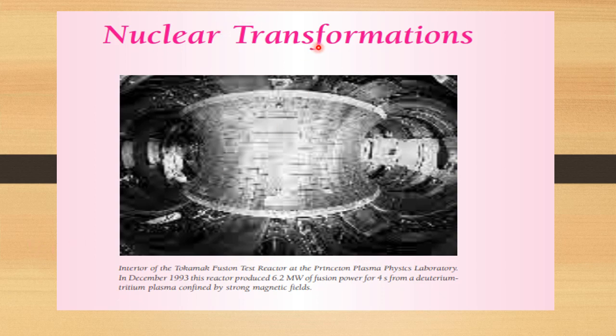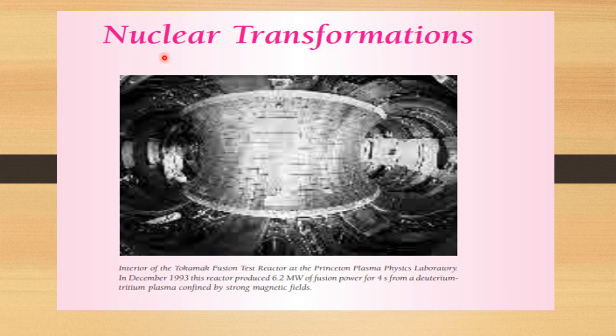Nuclear transformation includes what the important radionuclides are and why they are decaying, what radioactivity decay is, what the kinds of radioactivity are, half-life, mean life, then the different types of nuclear transformations like alpha decay, beta decay, etc. And finally, we go through nuclear fission, nuclear fusion, nuclear reactors, fusion reactors, etc.